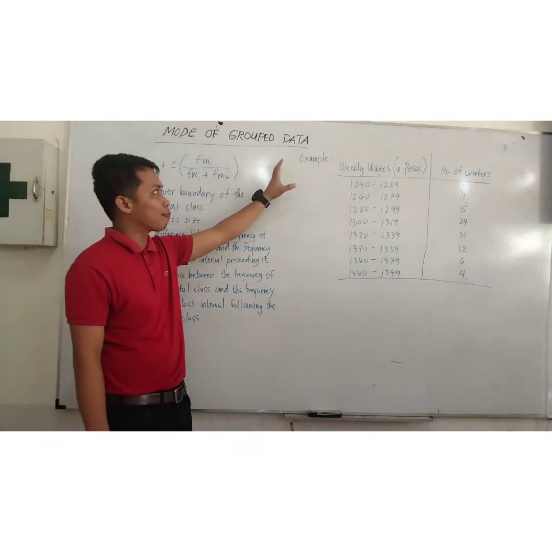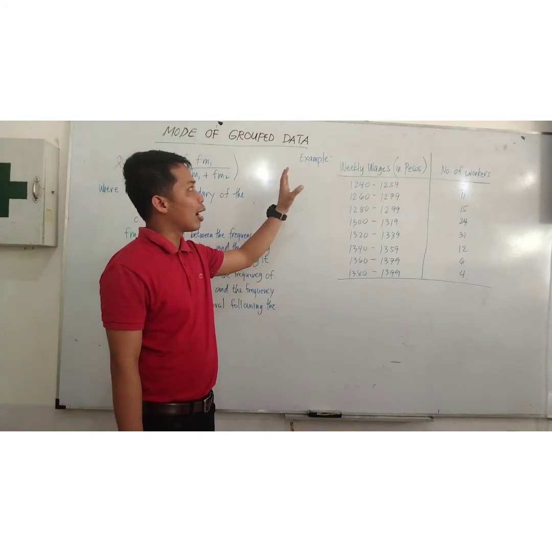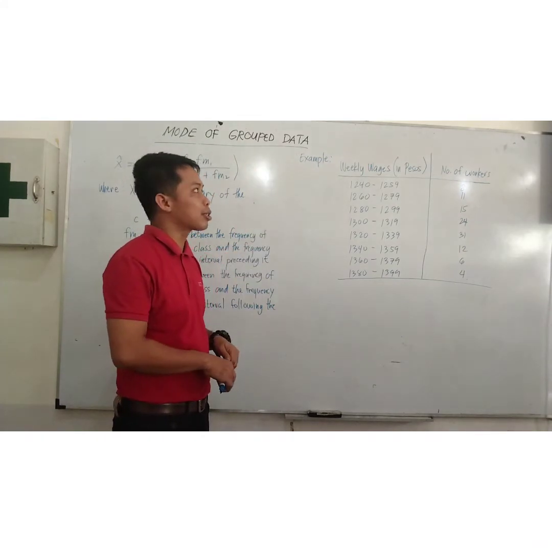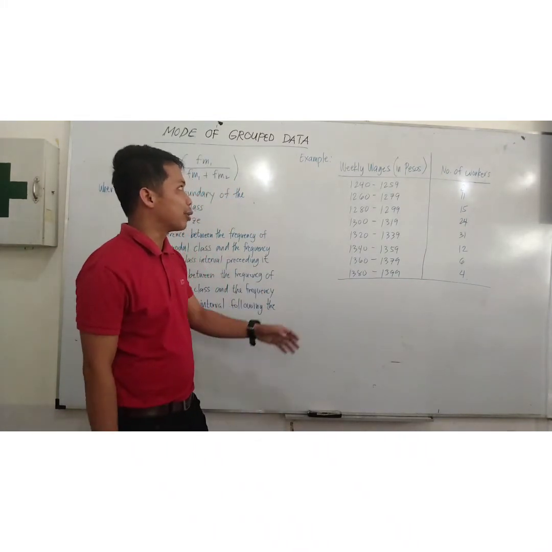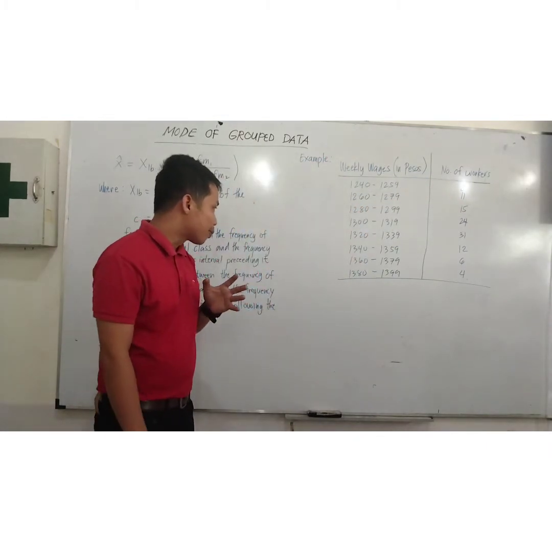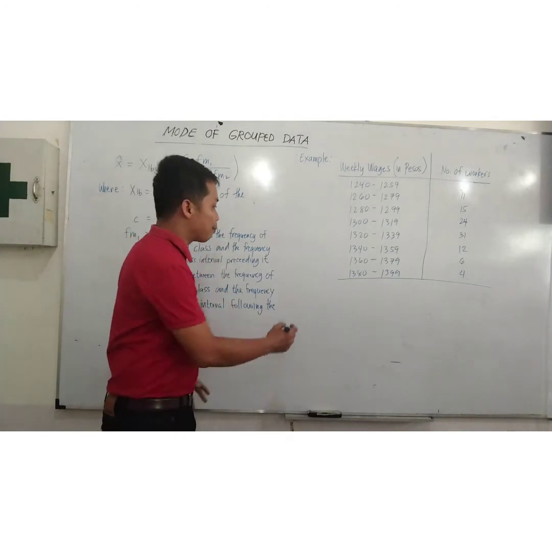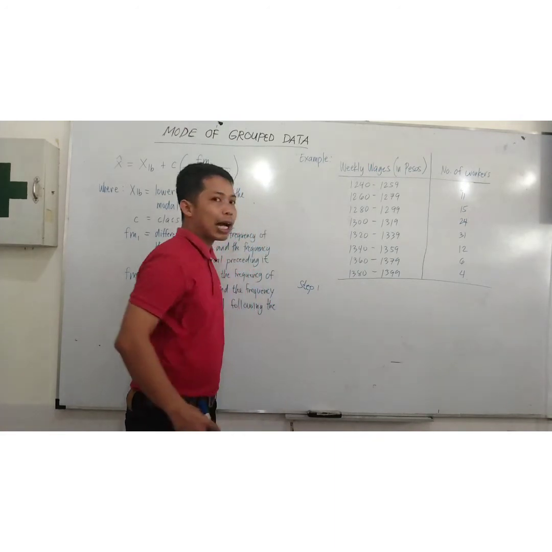So, meron tayong example dito. Suppose ang given natin data ay weekly wages in pesos and with the corresponding number of workers. So, ito yung ating intervals and ito yung ating frequency. So, base sa formula natin, kailangan nating hanapin actually yung modal class.